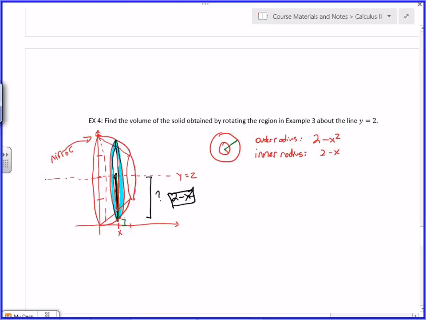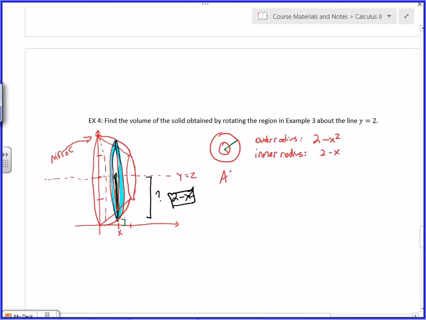So in most cases, I'm only going to have you revolve this about either an axis or another line. So there's really only two options. Either the outer radius and the inner radius are going to be the functions themselves, or they are going to be some number minus the function. And that number is where you start. But you draw the picture, you can look graphically to see where that distance is.